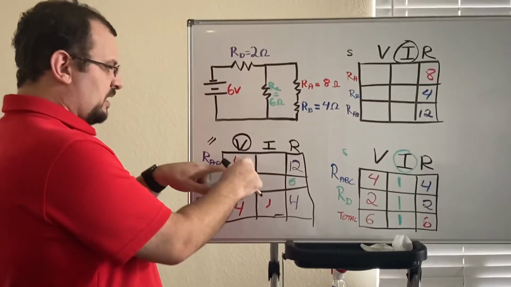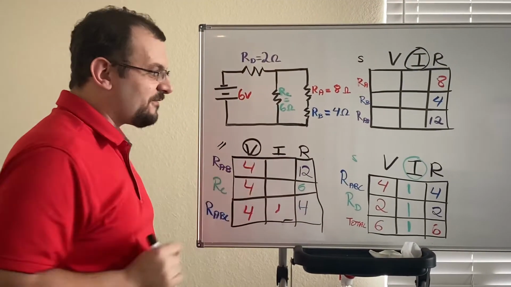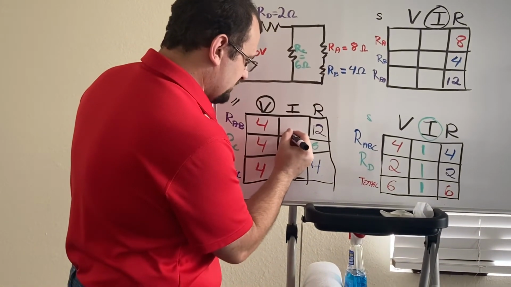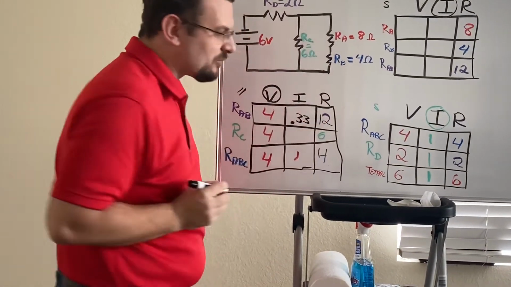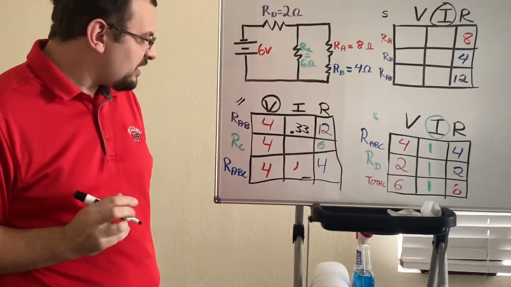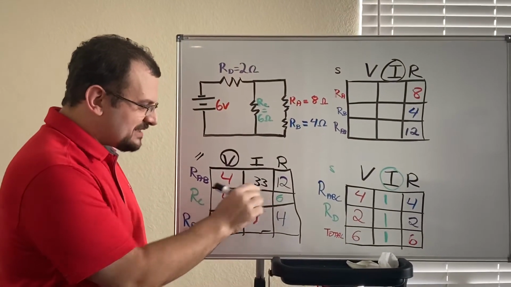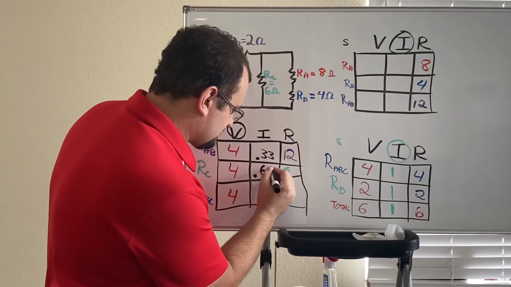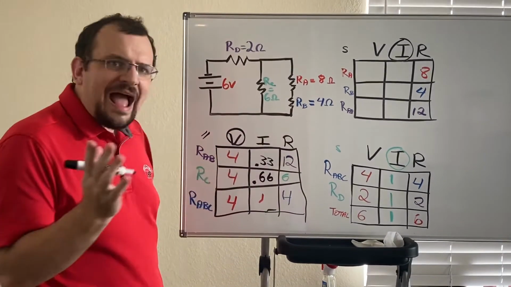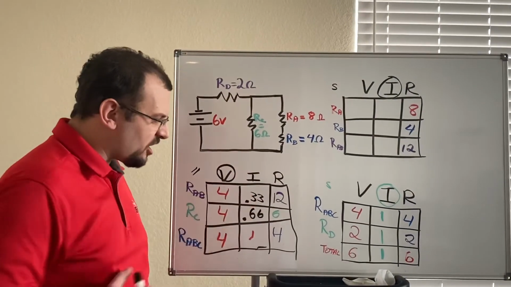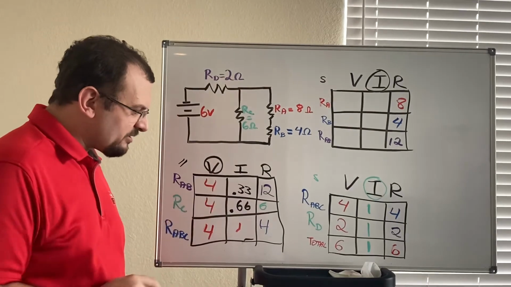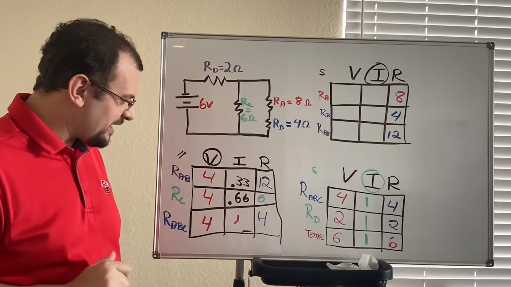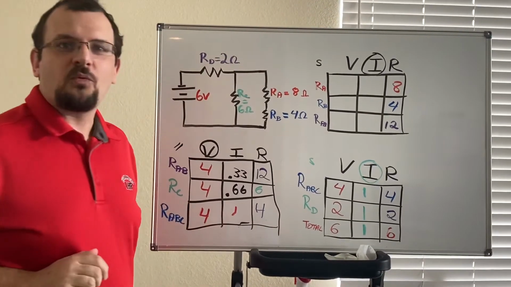So, let's see. 4 divided by 12, that's going to be 0.33 amps. And we can see 4 divided by 6, that's going to be 0.66 amps. As a check, we can look to make sure our currents add up. 0.33 plus 0.66 equals, as near as counts in horseshoes and hand grenades, 1 amp.